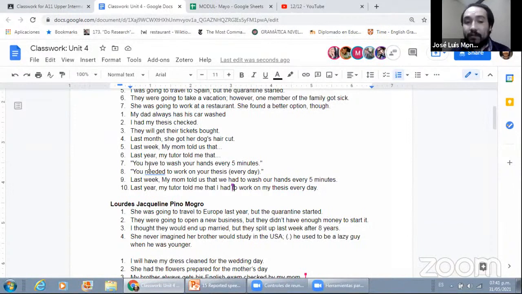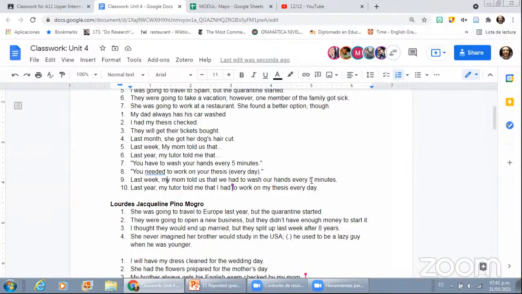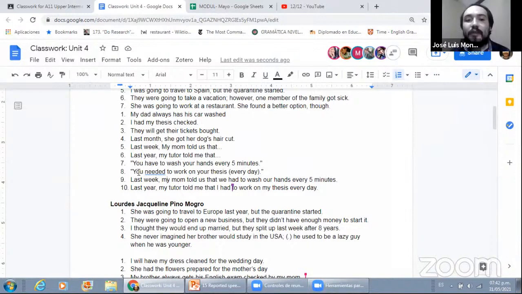Now, the first sentence, you have to. This is simple present, right? So last week, my mom told us that we had to wash. That is perfect. Number 1, it's great, Sharai. Simple present to simple past. Now, in the second one, I told you to change this to simple past for the exercise, right? To see the difference.